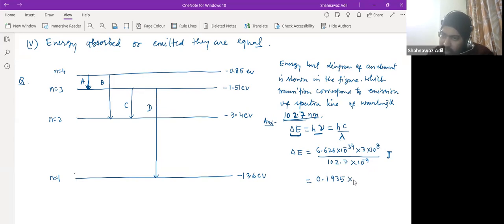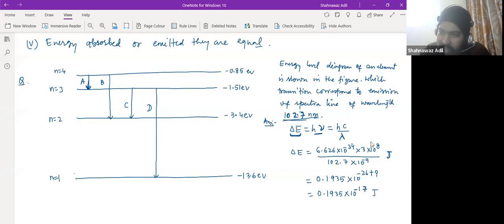And this is 10 to the power minus 26, and then this minus goes upstairs, so this is plus 9. So this is 0.1935 into 10 to the power minus 17. Right, guys? So this is in joules.